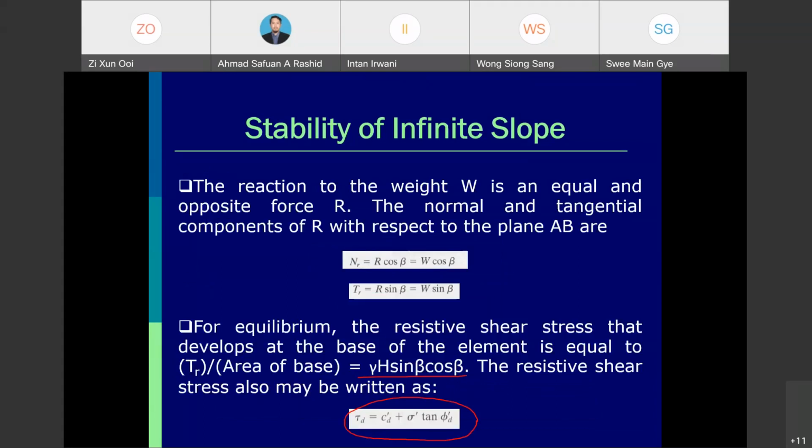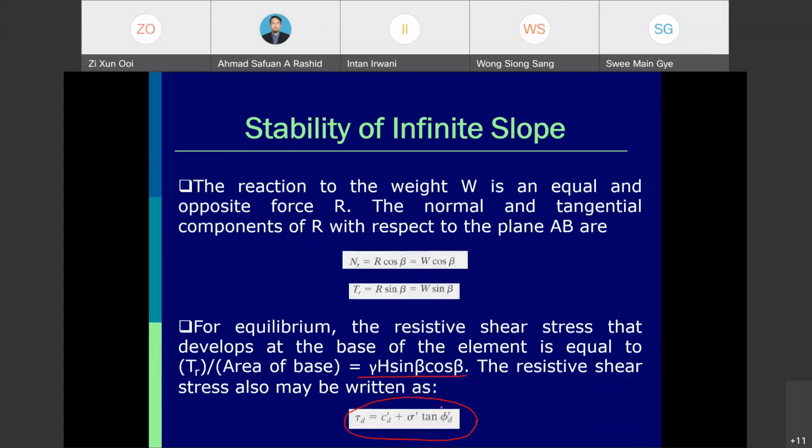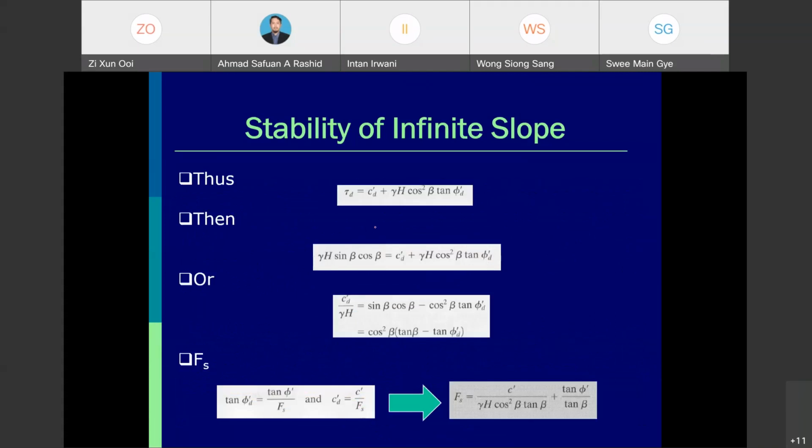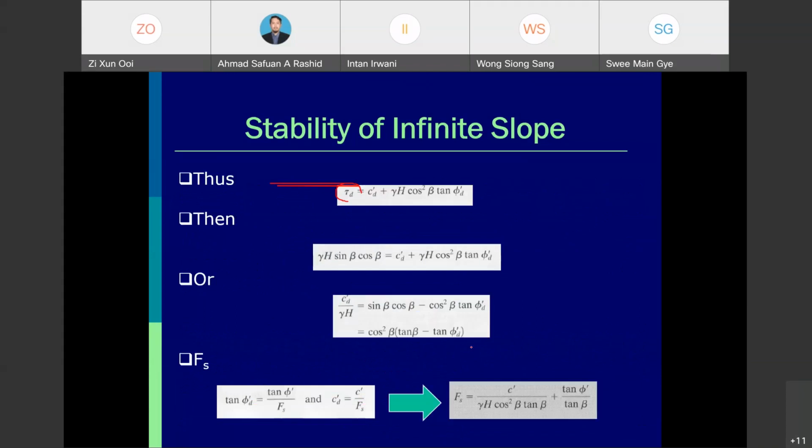So they put the sigma value in this equation, with the tau, and the tau is based on this equation. So then they get this kind of equation.